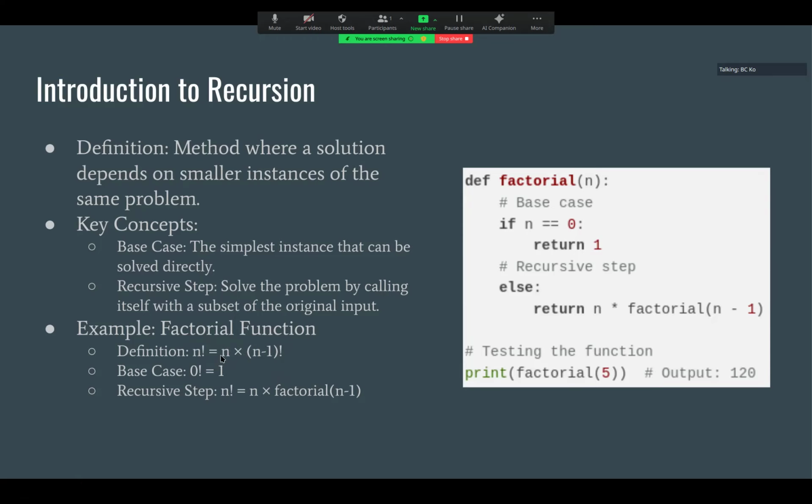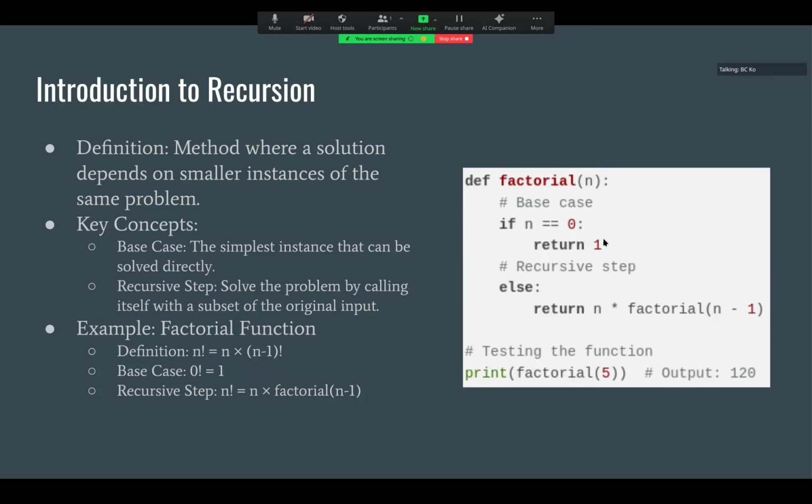For instance, 0 factorial is defined as 1, and for any number greater than 0, n factorial equals n times factorial of n minus 1.